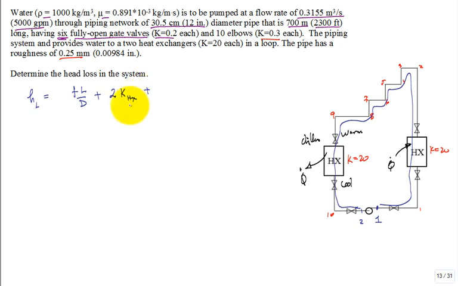We're going to have 10 elbows, and we'll have 6 valves. And each one of those terms is multiplied by v squared over 2g.